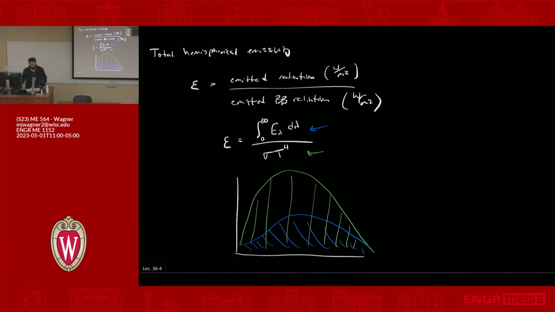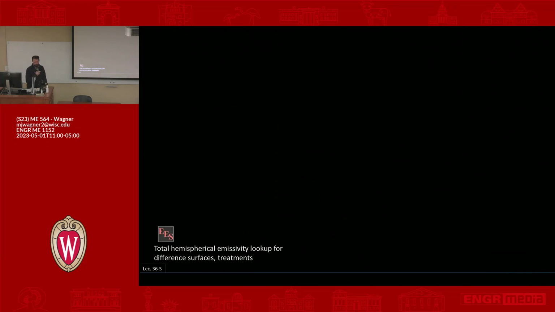Okay, so then let's see how to actually compute some of these. Let's say you're given a spectral emissivity curve, and you want to evaluate what's my emissivity or my emitted power given that I have some emissivity curve.